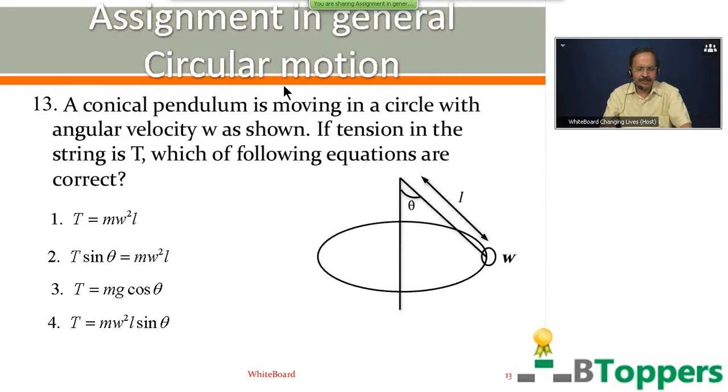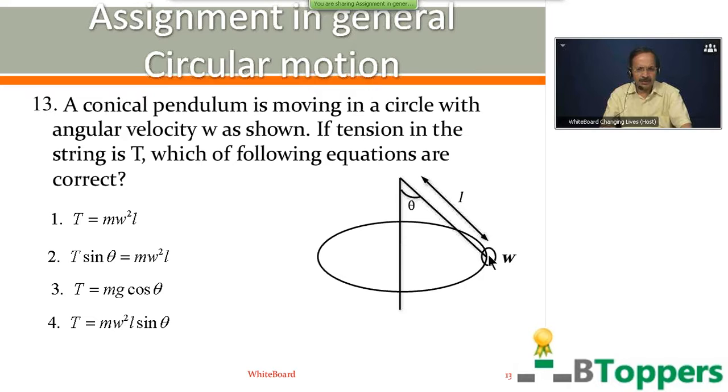You can make out from the figure theta is the angle made by the string with the downward vertical, and small l is the length of the string. Omega is the angular speed of rotation, or magnitude of angular velocity.